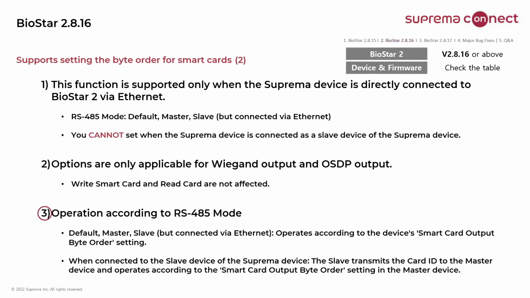Operation according to RS-485 mode: default, master, slave but connected through Ethernet, operates according to the device's smart card output byte order settings. When connected as a slave device of the Suprema device, the slave transmits the card ID to the master device and operates according to the smart card output byte order setting in the master device.